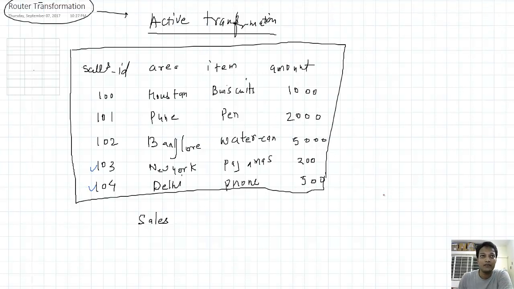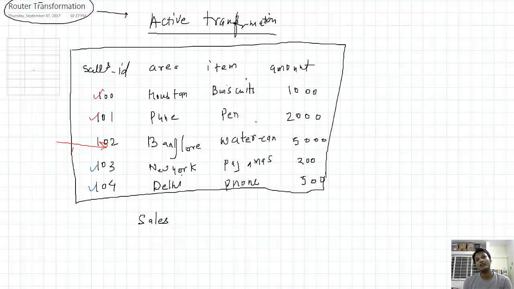So that would be 100 and 101, right? Less than 5,000. Okay. And third is the item for which the sales amount is equal to 5000 or greater than 5000. So 102.